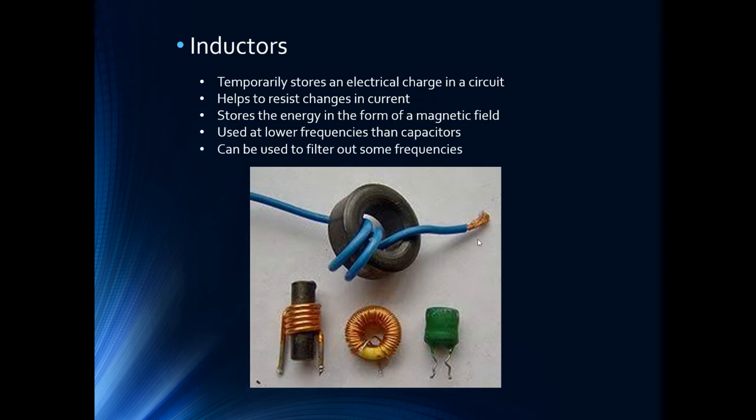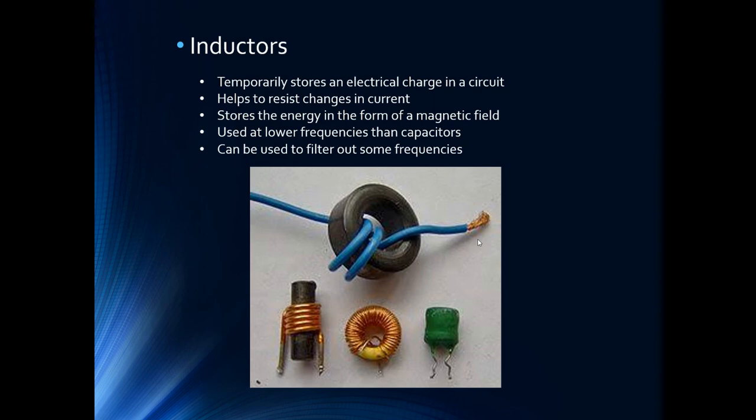Another component is an inductor, and there's a lot of similarities between a capacitor and an inductor. This temporarily stores an electrical charge in a circuit, and it also helps to keep things steady.